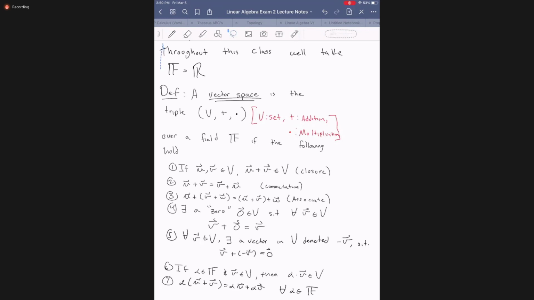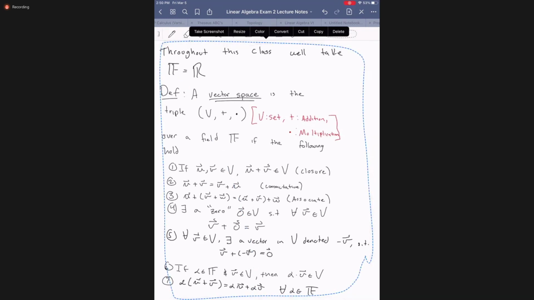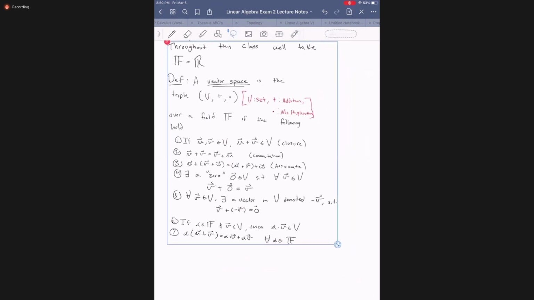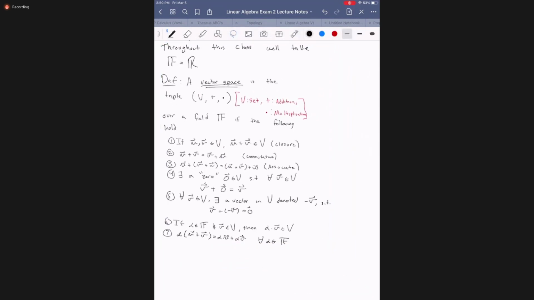Let's make this a little bit more tiny. Okay, after this we're pretty much done with the class, but let me just finish writing everything out. Seven, eight: alpha plus beta times u is equal to alpha u plus beta u.